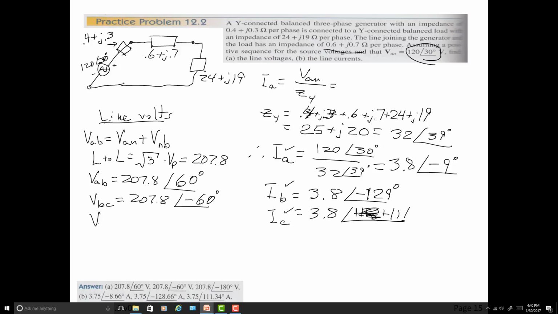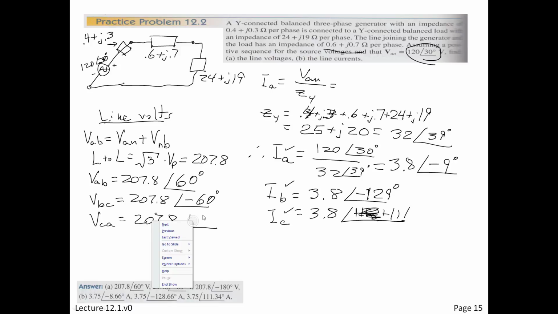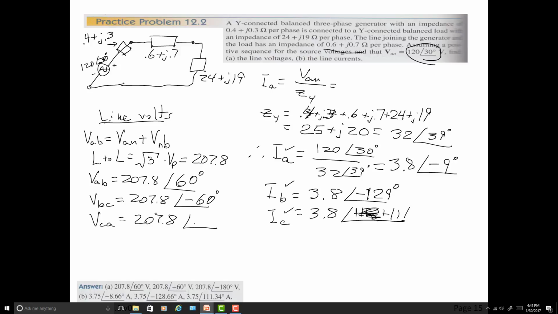And then VC to A is 207.8 at an angle of, what have I got? If I've got 60 and I've got minus 60, then I must be straight on the back axis, so that's minus 180 degrees, or plus 180 degrees, whichever way you want to call it.